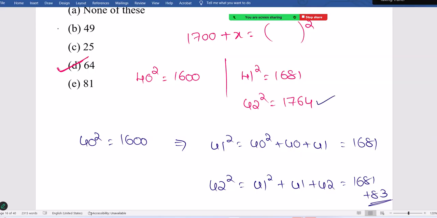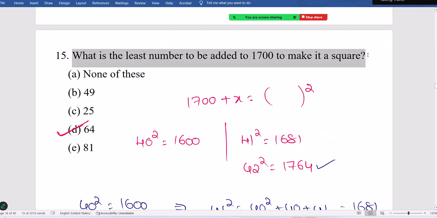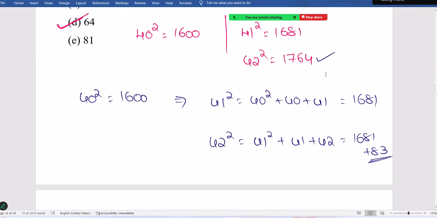So for 1700, they may ask what must be subtracted to make it a perfect square. Subtract 19, then it becomes 1681. The same question: the least number to be added is 64.